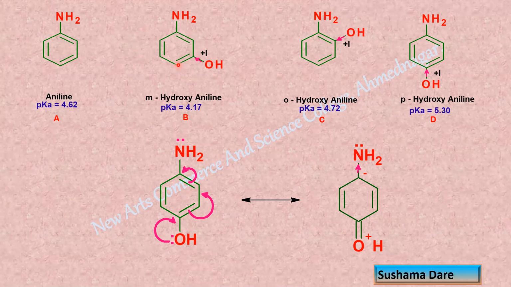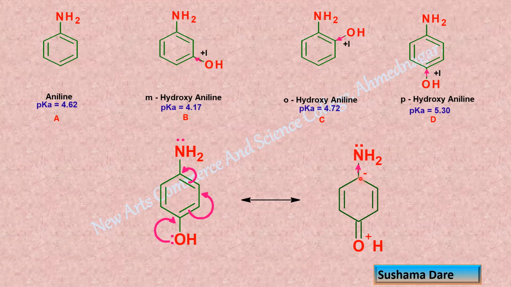It shows electron donating effect. So look here, whenever a hydroxy group is present at the para position, the electron pair of oxygen gets shifted to that carbon atom which is attached to the NH2 group. So you can see the negative charge is on that carbon atom which is attached to the nitrogen atom.